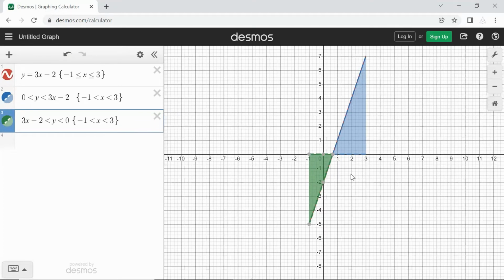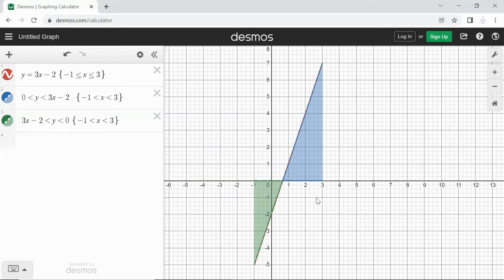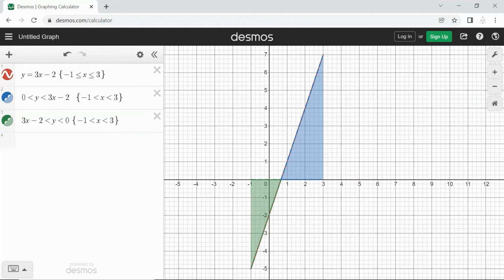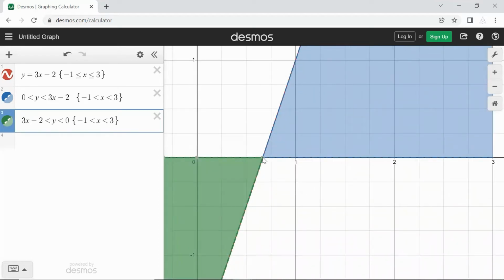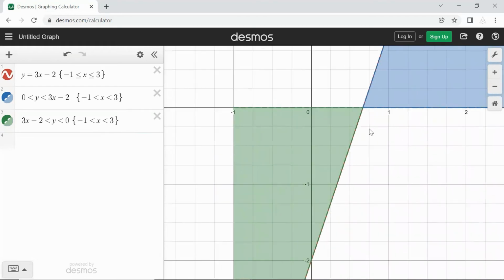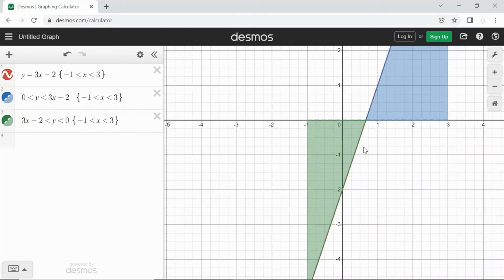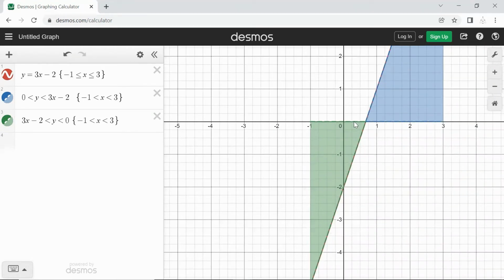The triangle that's underneath the x-axis, if you zoom real close into this point right here, is actually 2/3, 0. 2/3, 0 is where we cross the x-axis. So be careful. We go from -1 to 2/3.